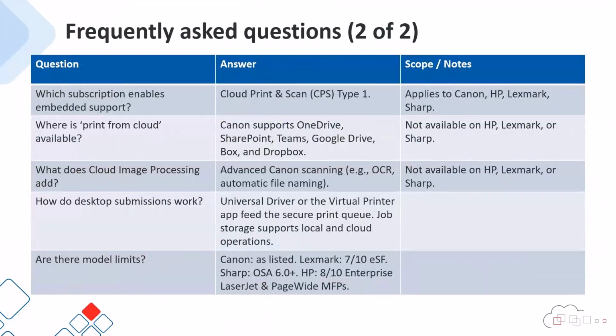This also, in terms of another batch of frequently asked questions, usually comes up once the basics are clear to the customer. They focus on the practical setup side: which subscriptions are required, where advanced scanning applies, how desktop submissions are handled, and which devices are supported across Canon, HP, Lexmark, and Sharp.